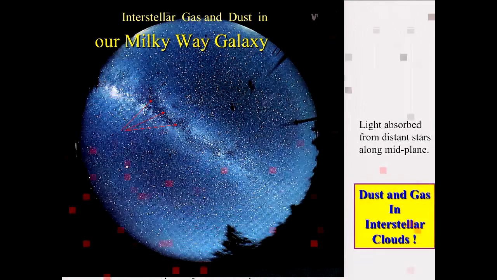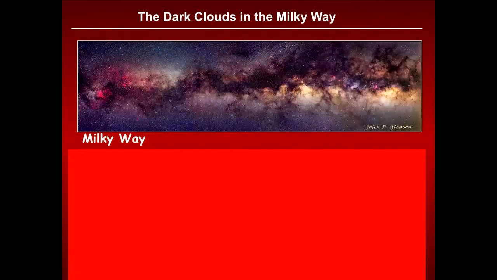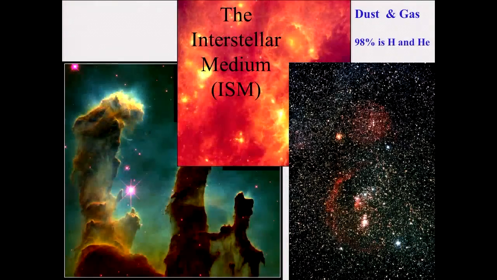And they in fact form from the gas and dust in between the stars. And you can see it clearly on a dark night. You look up into the night sky, and these dark patches that you see everywhere represent the gas and the dust blocking the starlight.